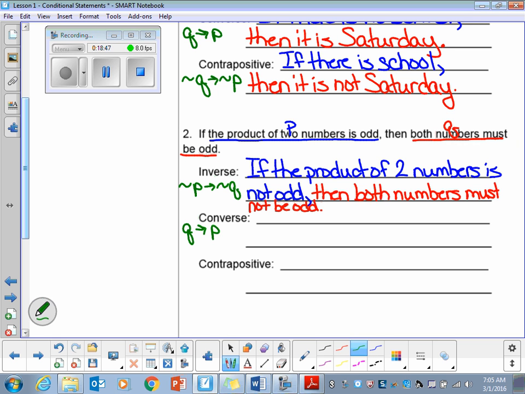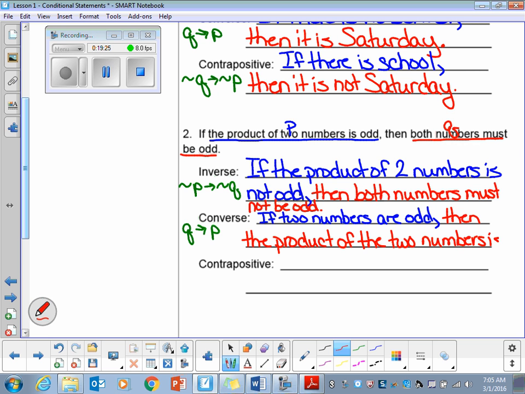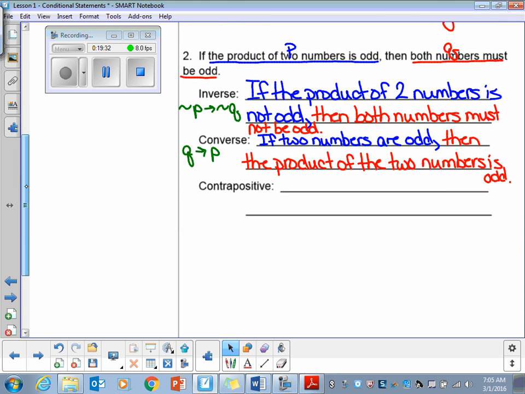If Q, then P. So if two numbers are odd, then the product of the two numbers is odd. I think I should have left more space for all these words in my big handwriting.